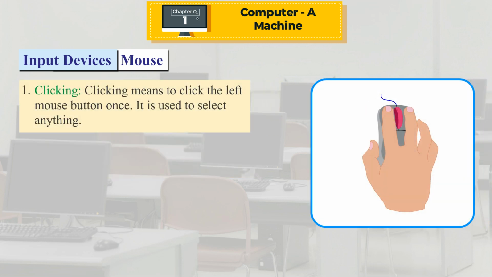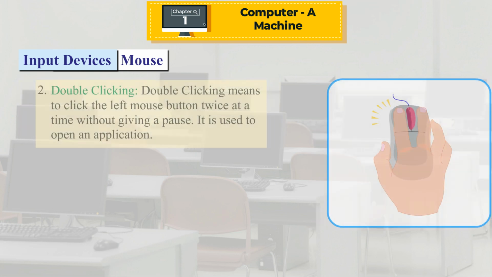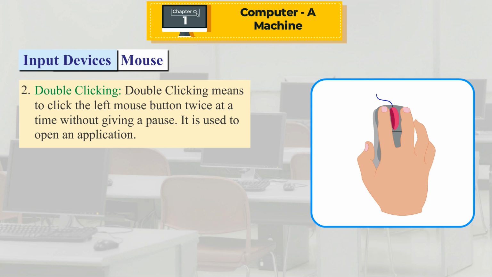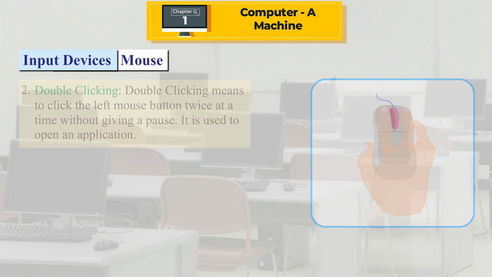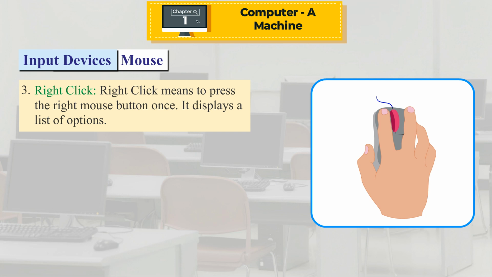1. Clicking. Clicking means to click the left mouse button once. It is used to select anything. 2. Double clicking. Double clicking means to click the left mouse button twice at a time without giving a pause. It is used to open an application. 3. Right click.